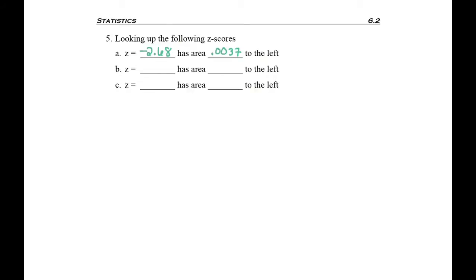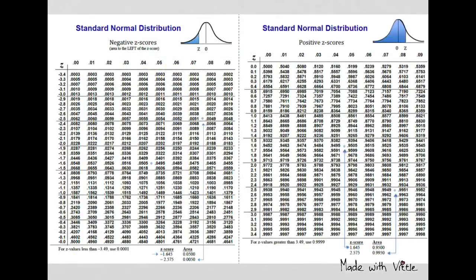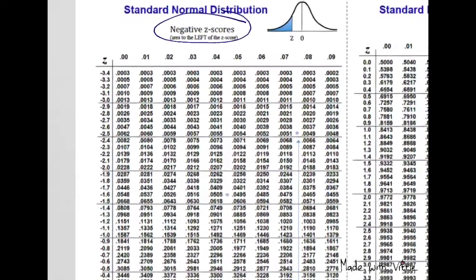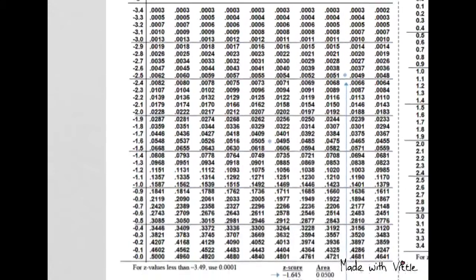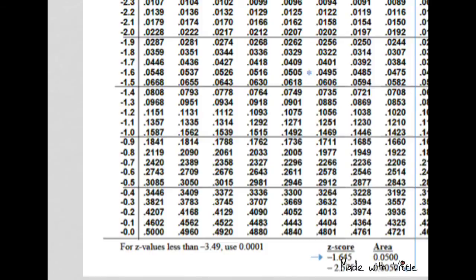Okay, let's do another one. Maybe you want to try this one ahead on your own. So now let's do this where we have a z-score of negative 0.52. Find the area to the left of negative 0.52. Again, another negative score, so I'm going to start on my left table. These numbers all begin with a 0.